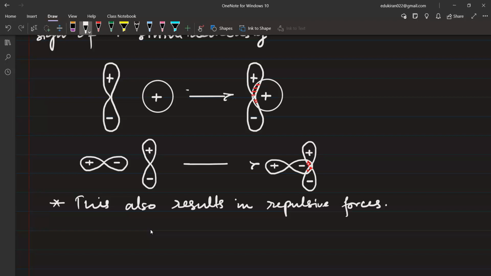Sir, it's not possible for S and S, right? No, for S and S it will be either zero or it will be positive. Sorry, it will either be negative overlapping or positive overlapping.